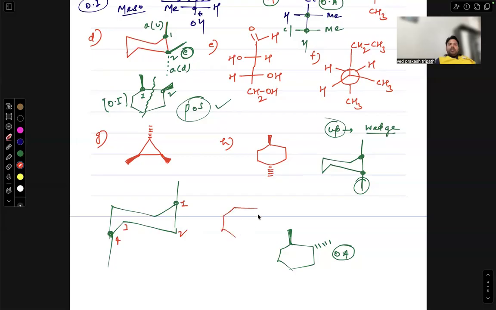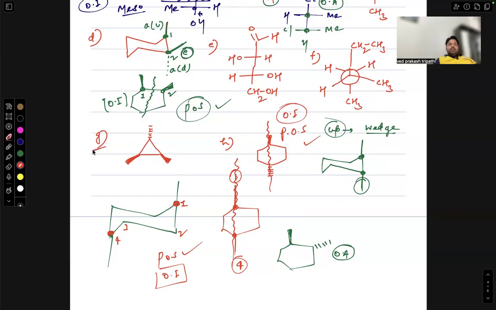If you convert to the ring, the groups are located at 1 and 4. It doesn't matter what the stereochemistry of 1 and 4 is. Wedge, wedge, dash, dash, wedge, dash, nothing. You can just cut the molecule into equal halves. So no chiral center, having a plane of symmetry. So plane of symmetry means optically inactive. Makes sense? Whenever the groups are located at the 1, 4 position, it always has a plane of symmetry. Like here, this is divisible into equal halves. So plane of symmetry, so optically inactive.